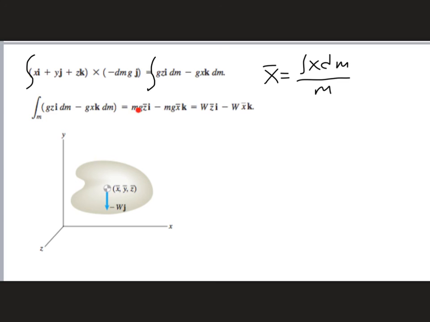And again, what's mg? It's just the weight. And so that gives me the moment about the origin of this extended mass. But note, that would be the exact same thing that I would get if I considered all the mass being concentrated at the coordinates of the center of mass.